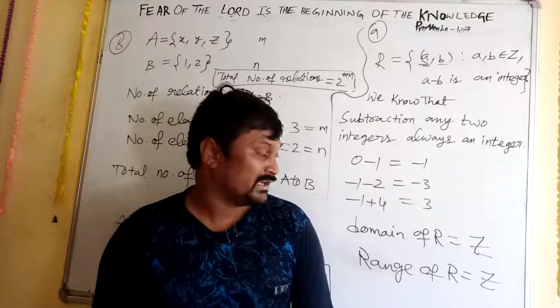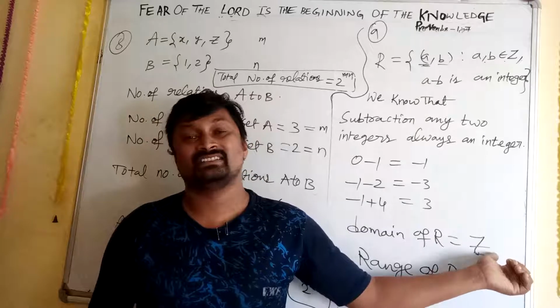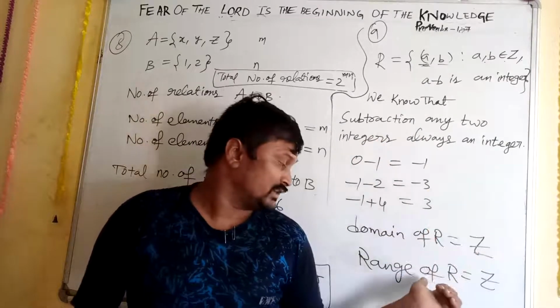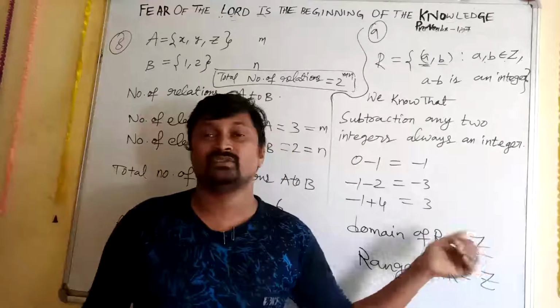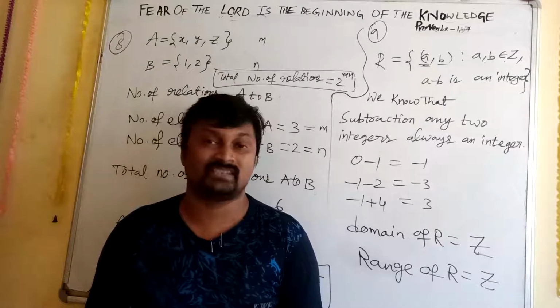Thus we conclude that the domain of R is the integers, that means Z, minus infinity to plus infinity. You can use anything. Now for the range of R also, you can use any number from minus infinity to plus infinity. That was the reason.